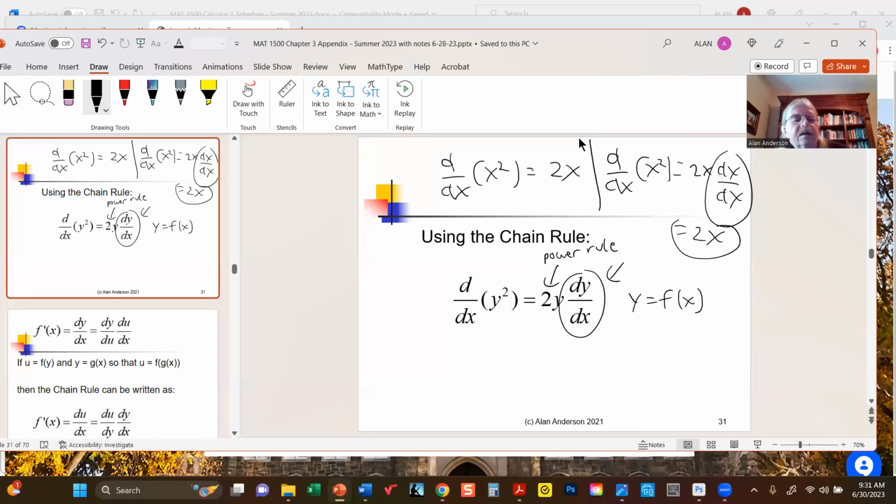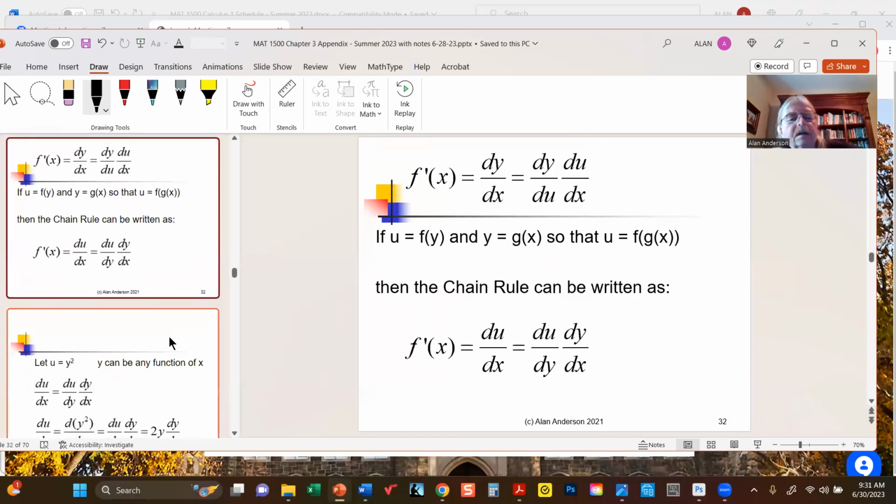So anyway, here is the proof of this. And again, we're using Leibniz's notation here. You might recall we wrote this out as f prime of x is the same thing as dy/dx, and that can be reinterpreted as dy/du times du/dx. So if u is a function of y and y is a function of x, u is now a composite function.